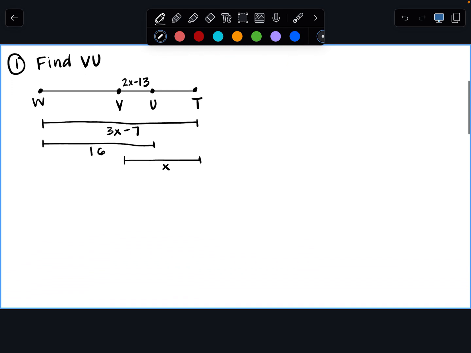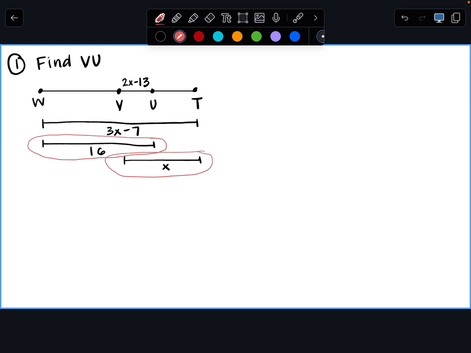So I'm looking at this length here and this length here. I already know that the whole thing is 3x minus 7. But if I add 16 plus x, what would I have to subtract to make it equal 3x minus 7?